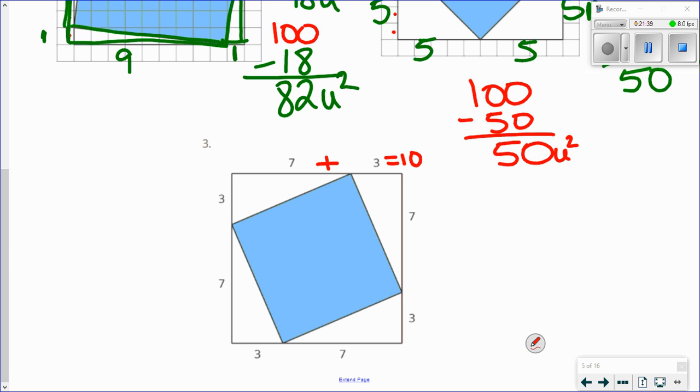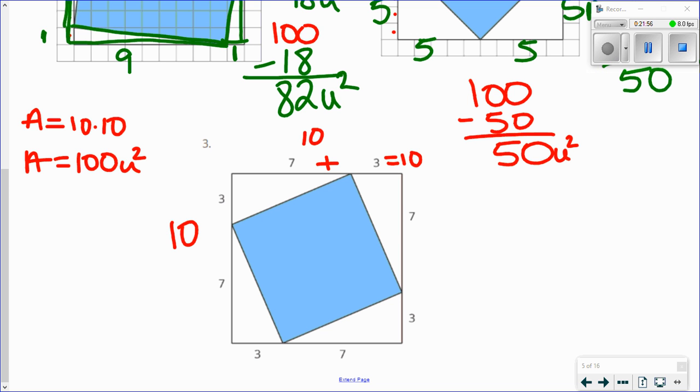So again, we are working with a 10 by 10 large square. And we know the area of that is 100, right? 100 square units.